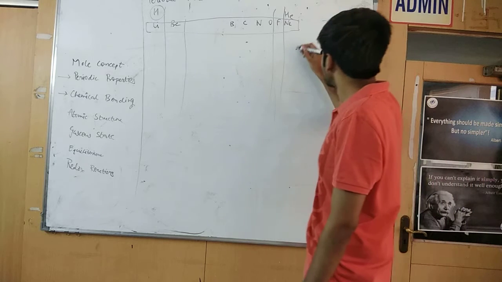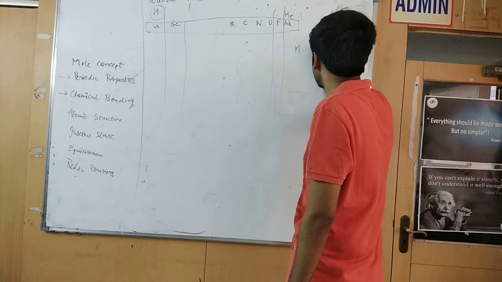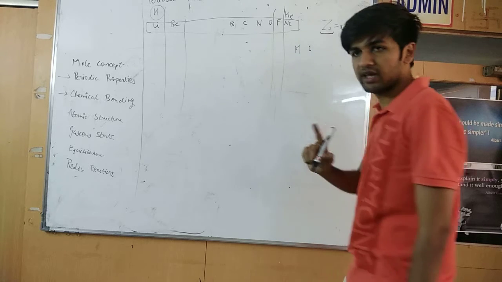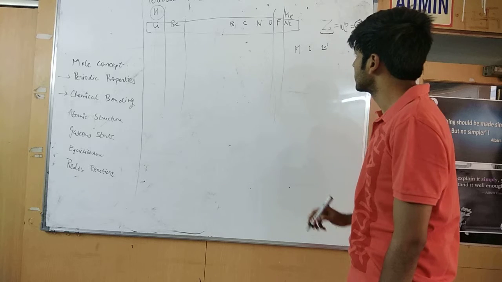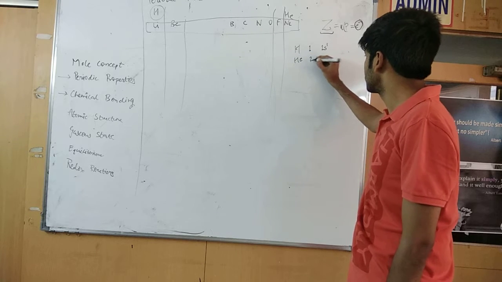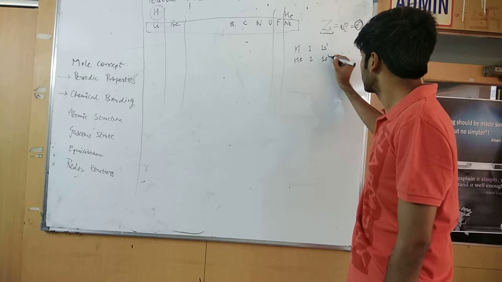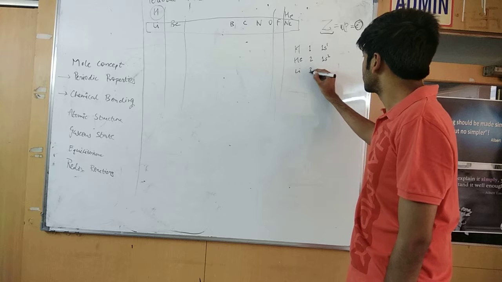Okay. So if I check hydrogen, its atomic number is 1, right? So it has only one electron. It is in 1s1. What about helium? Lithium 3.